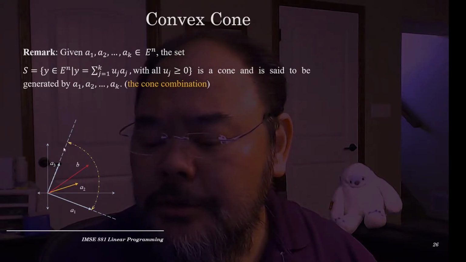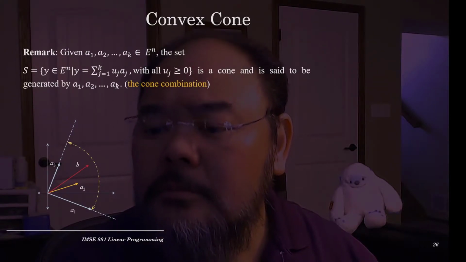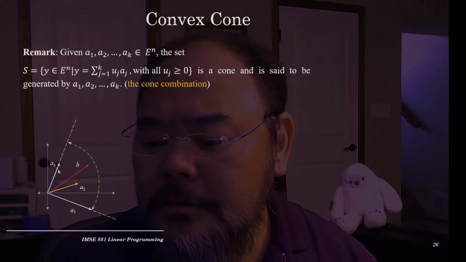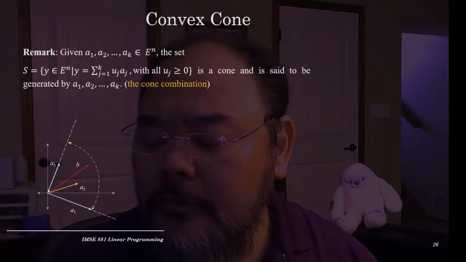In the illustration, we could have a1, a2, and a3 spanning E sub n, but not necessarily all of them are required. We have two extreme points, A1 and A3.